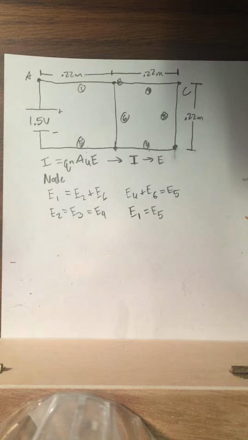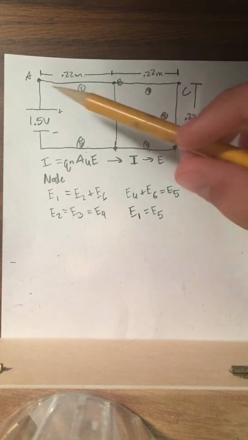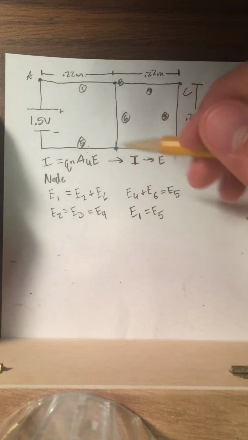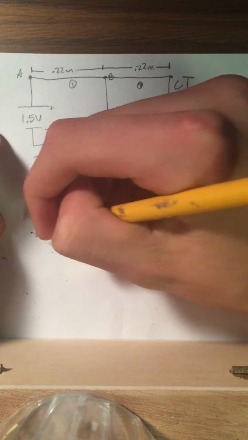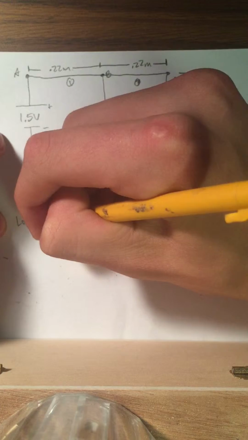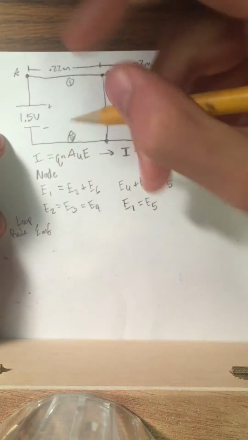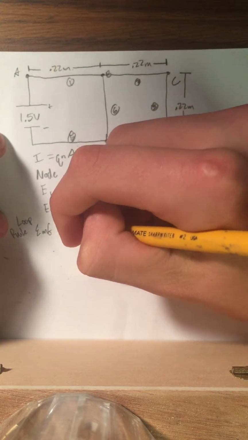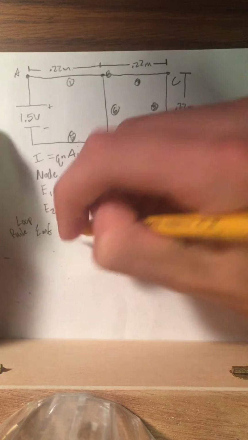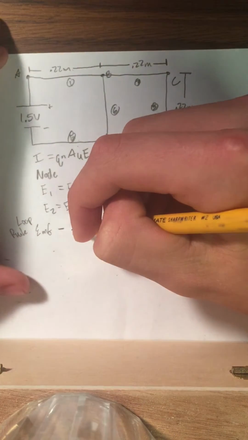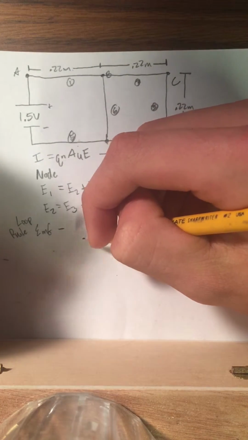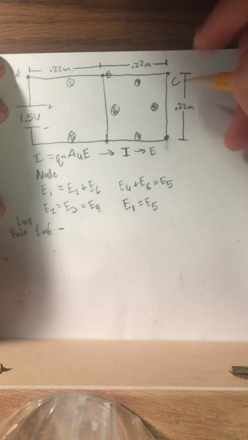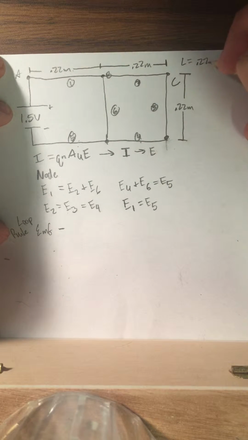Alright, following this, we can now move on to the loop rule, and we're going to start by doing the loop rule for this small loop here. And if you remember the loop rule, you know you have to include your EMF. And you know that the EMF is minus your change in voltage, which we know change in voltage also is equal to electric field times length. And what we're going to say here is that length is equal to 0.22 meters.